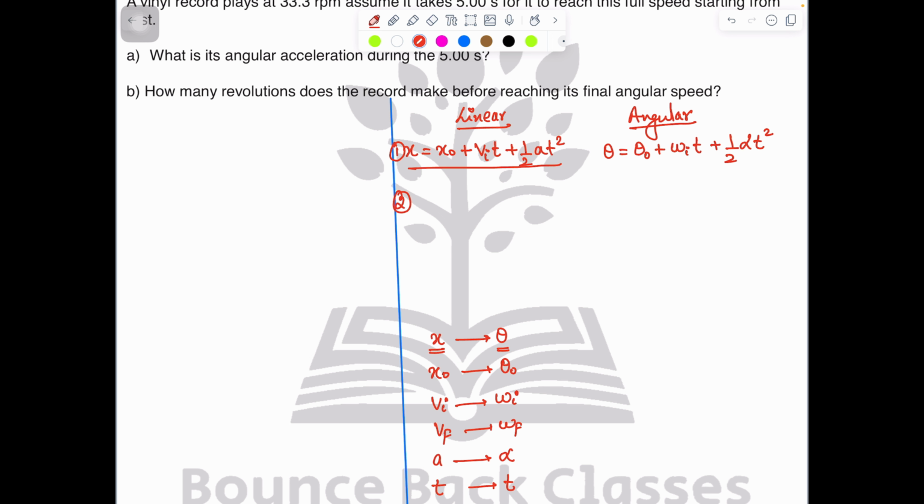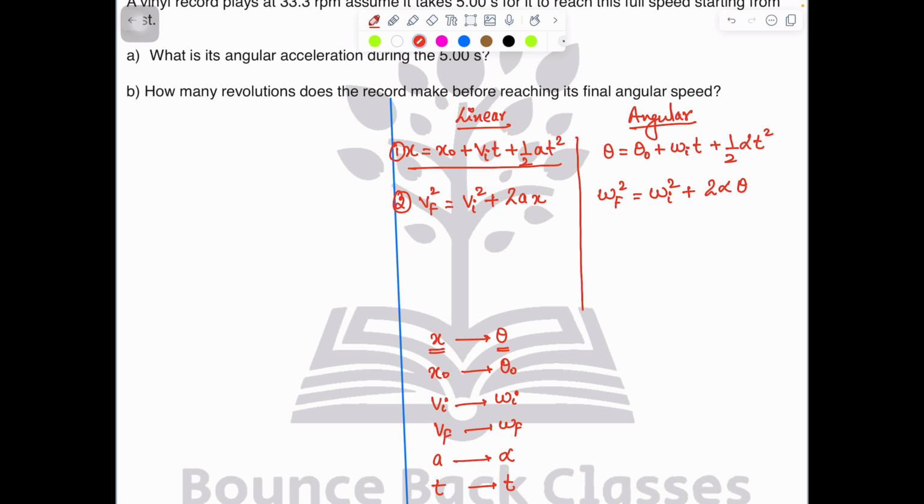Now we have the second equation: v final square equals v initial square plus 2as, or 2ax you can say, which is much better. Just try to replace: omega f square equals omega initial square plus 2 alpha theta. Clear guys?